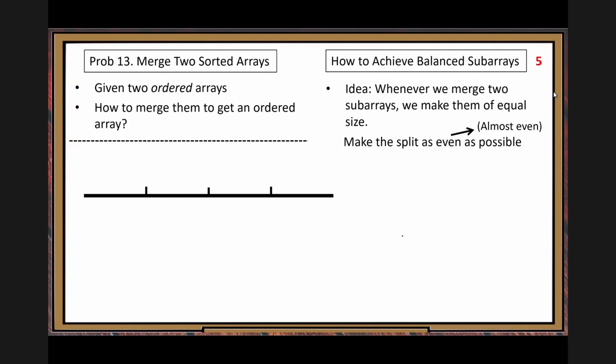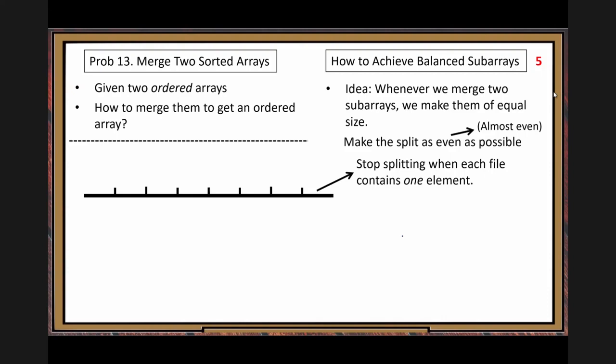The second round is also an even split, and so on. Keep splitting evenly in this way, all the way to the last level, the bottom level. What's the bottom level?